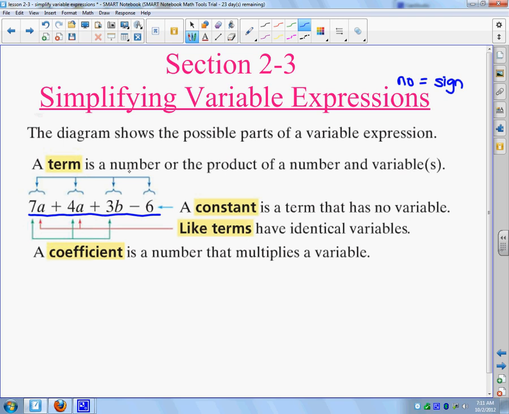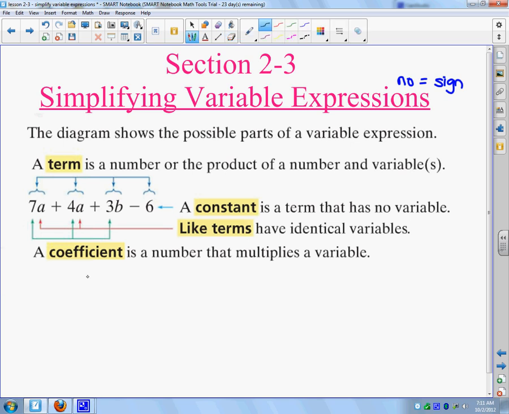Term is the number or the product of a number and the variable. So all of these separate things are terms. 7a is a term, 4a is a term, 3b is a term, and 6 is a term. They're all terms. Now, a constant is a term that has no variable.